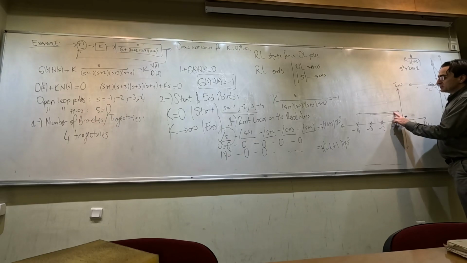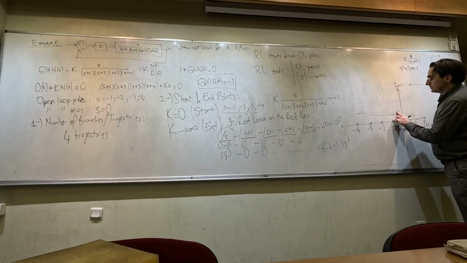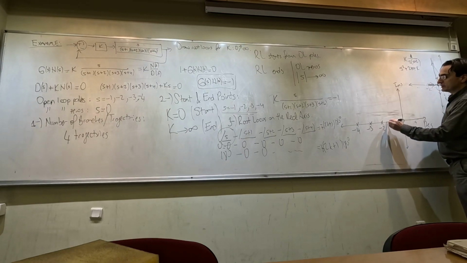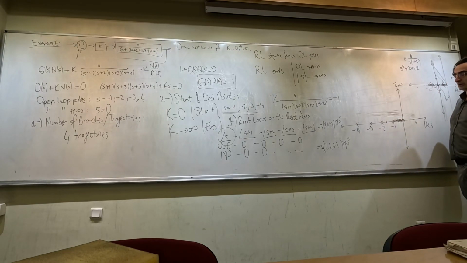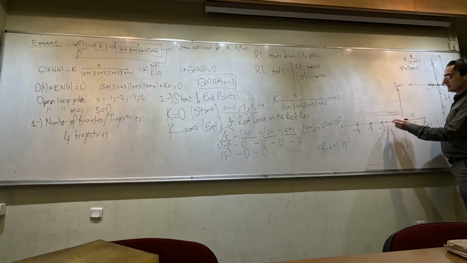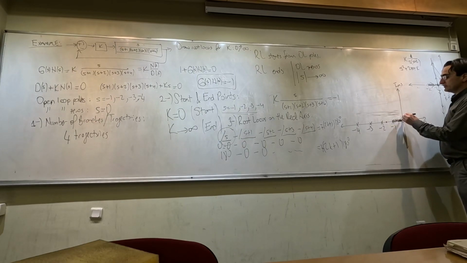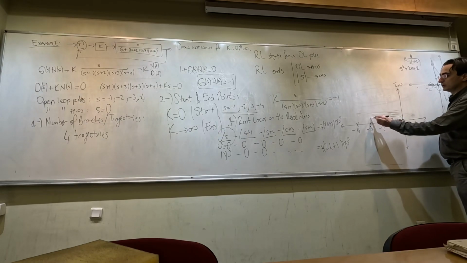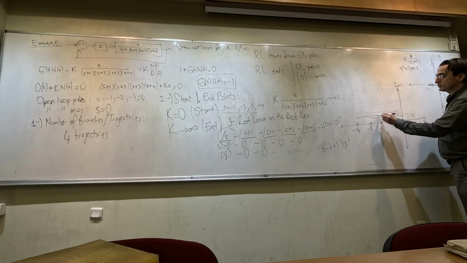So now let me look at the other interval. Suppose that I check a point in this interval. In that case, the vectors are like this. So this is my S, S plus 1, S plus 2, S plus 3, S plus 4.